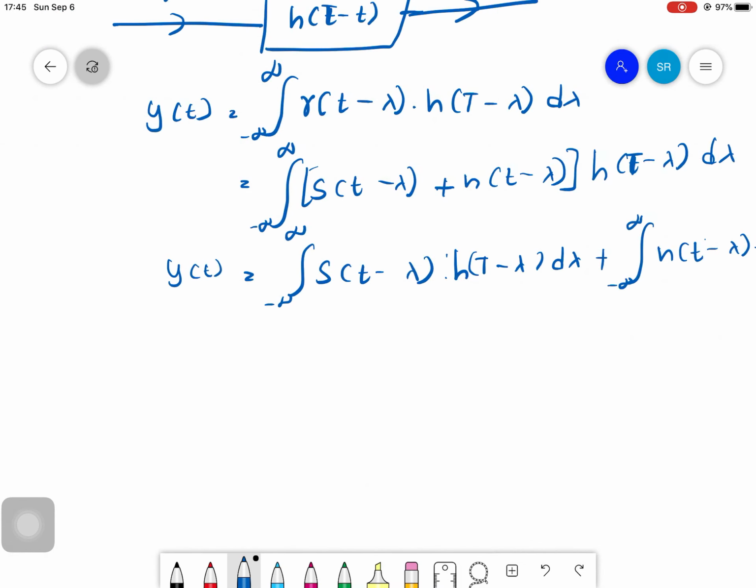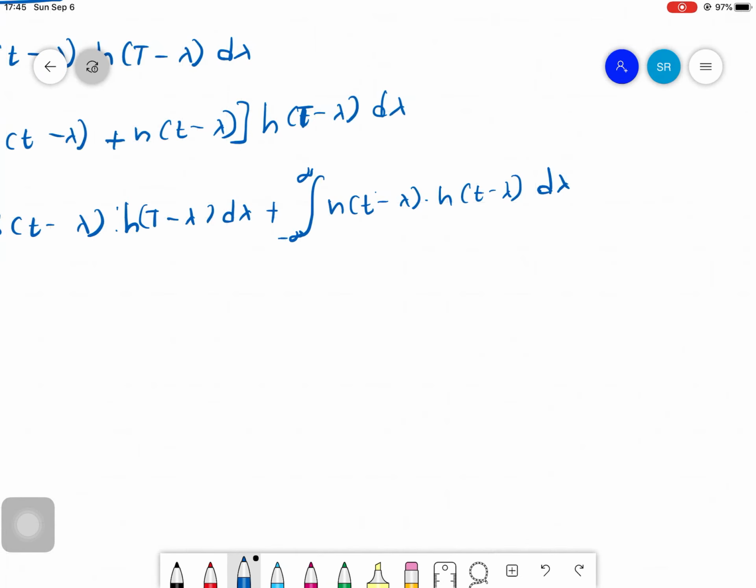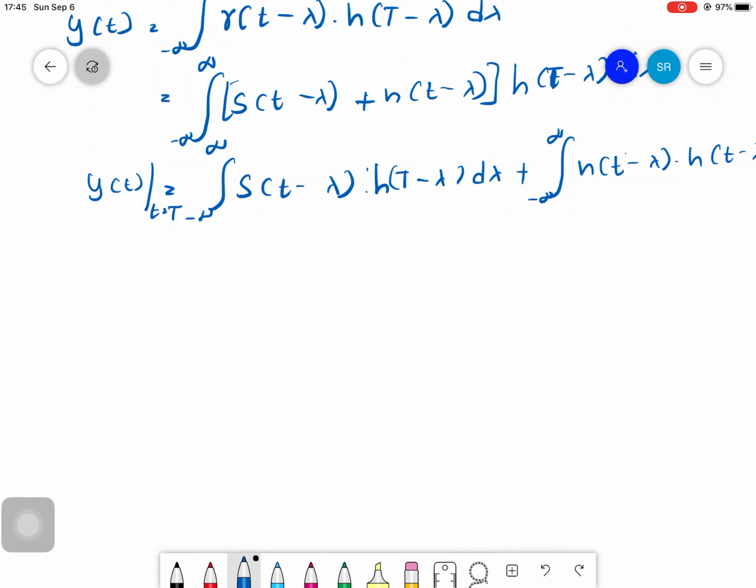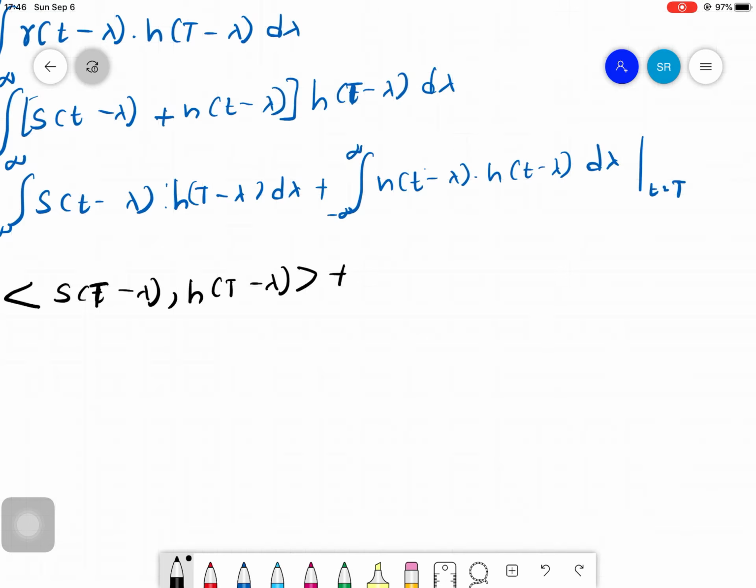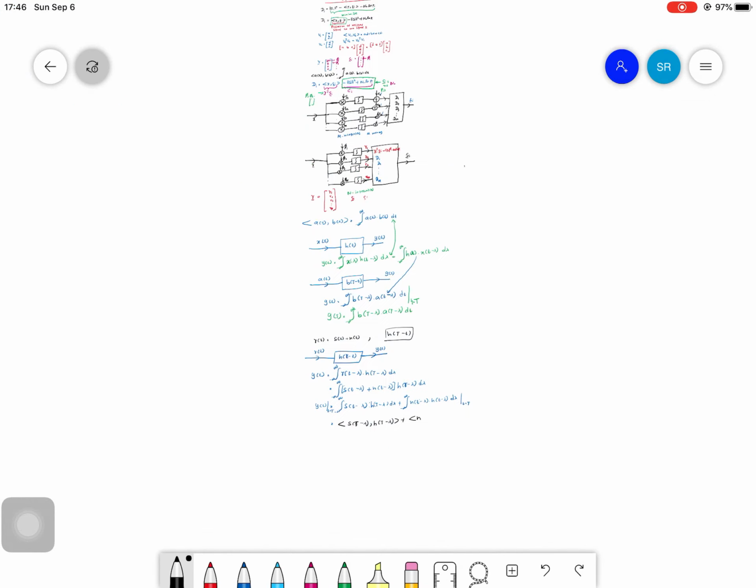And I'm going to sample this at t equals T. So I get this as the inner product of s(lambda) and h(T minus lambda), when I look closely, plus my noise signal n.